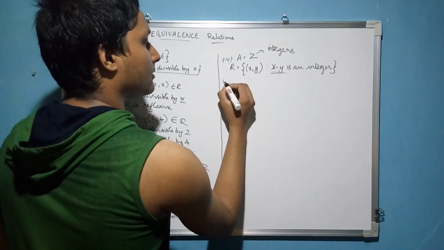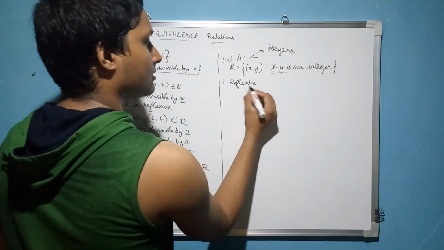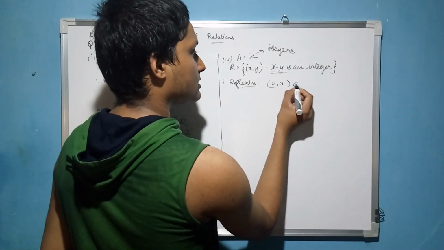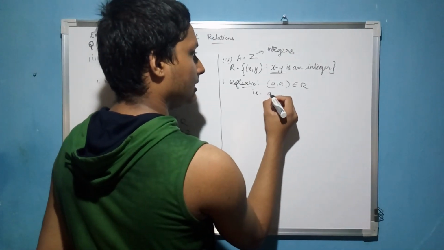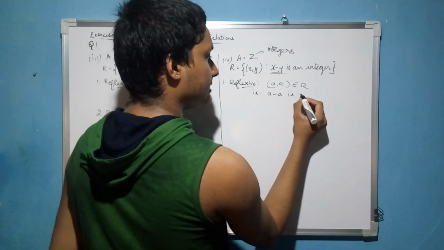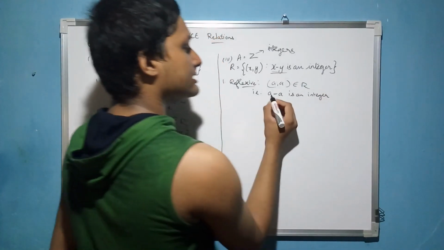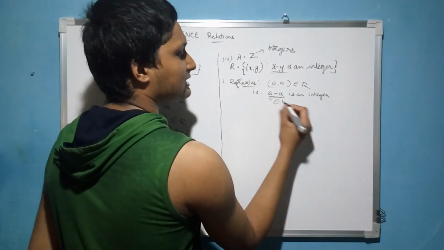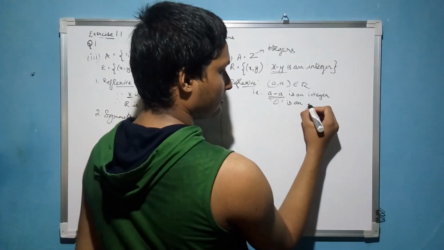Yes. Now again the same thing, reflexive. a comma a belongs to R, that is a minus a is an integer. What is a minus a? a minus a is 0. This is obvious. 0 is an integer. Is it a doubt? It is an integer.